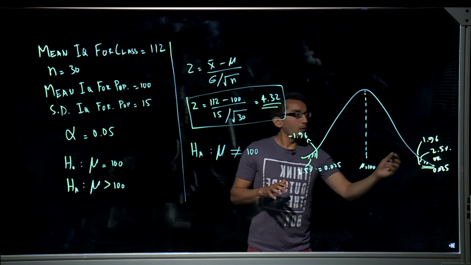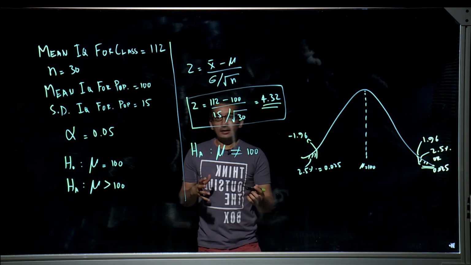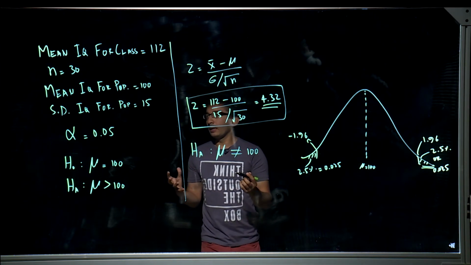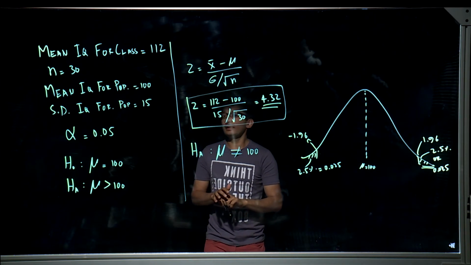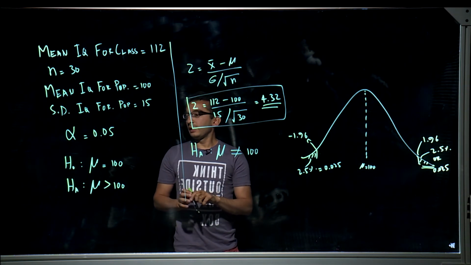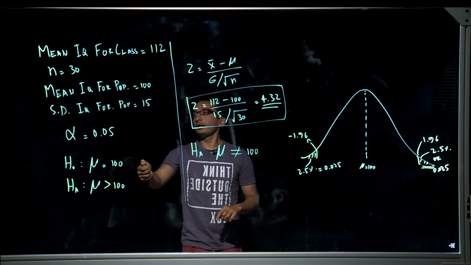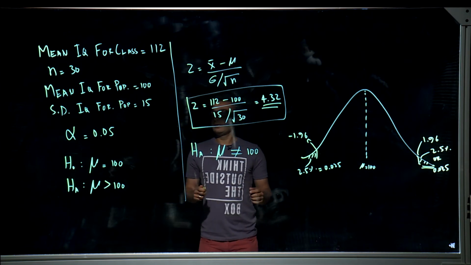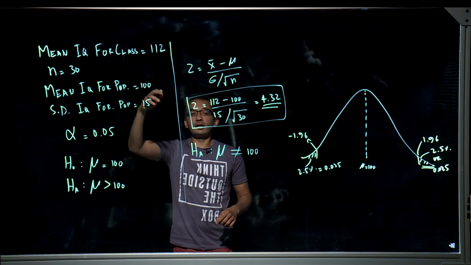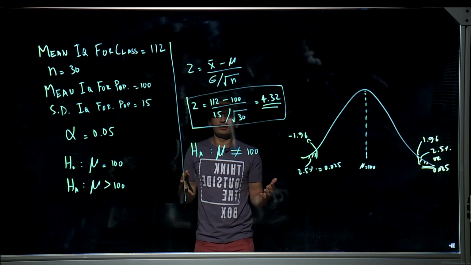So we can go on and reject the null hypothesis for this two-tailed case too. We can say that the null hypothesis of mu equals 100 is rejected, and the mean IQ for the class is actually different than 100.